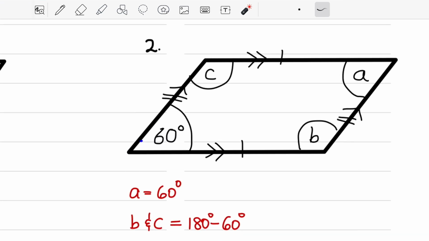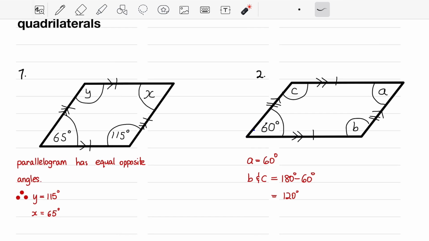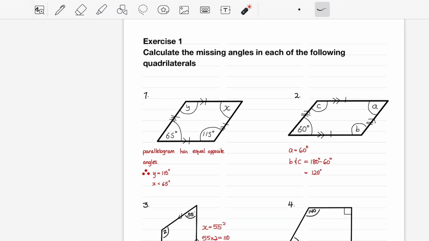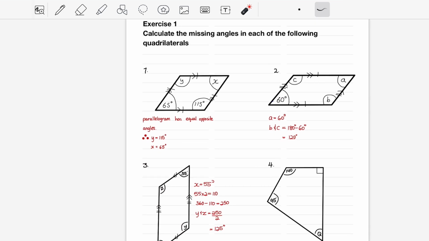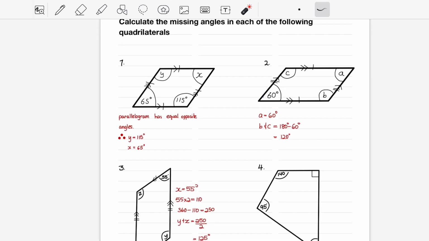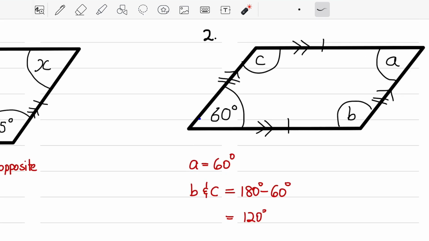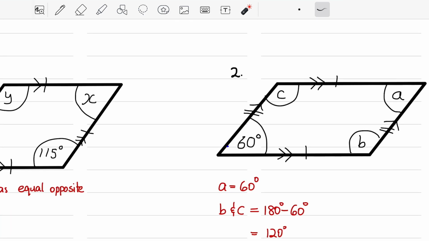Okay, so question 2. We know that A is 60 degrees. Okay, so we have some mistakes here, so we'll have to correct question 2. Hopefully it's just question 2.